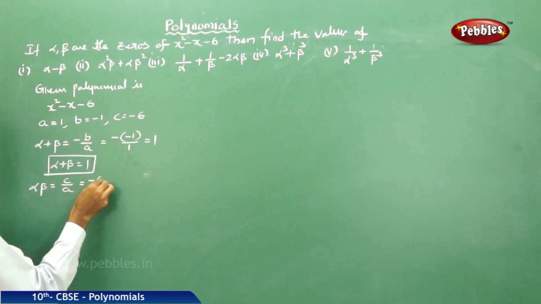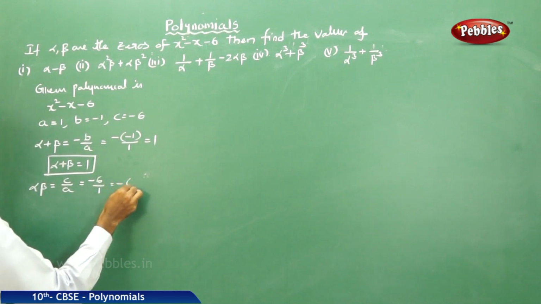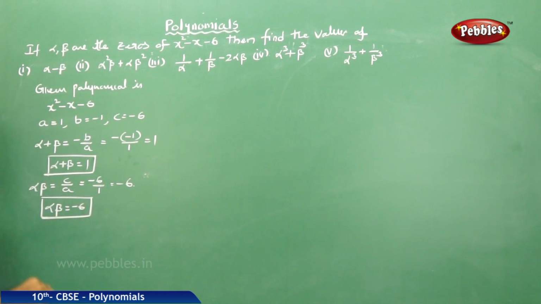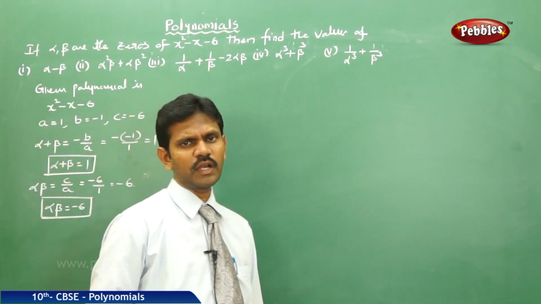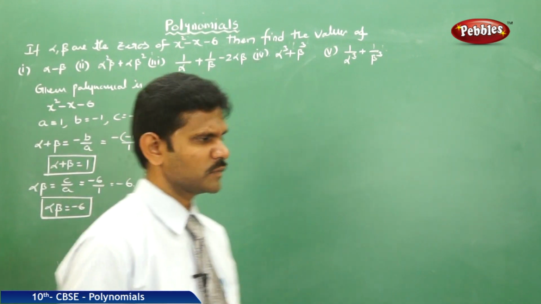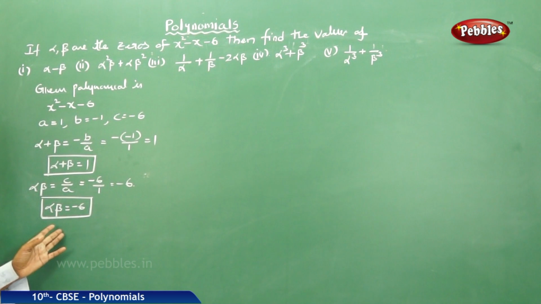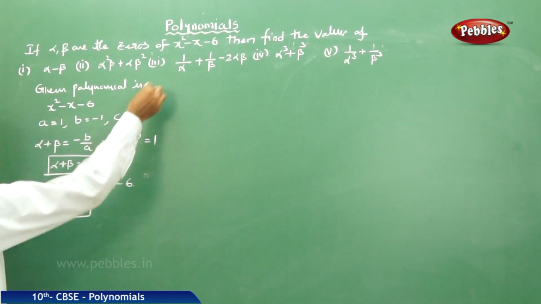C value is minus 6 by 1, that is equal to minus 6. Therefore, alpha beta is equal to minus 6. Now I am ready with the values of alpha plus beta and alpha beta. Okay, these two are very important for us to solve the further problems.